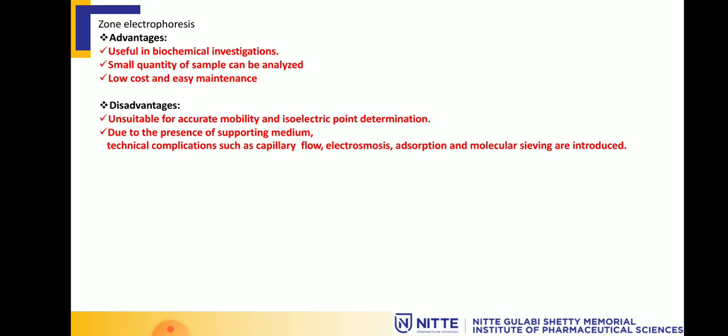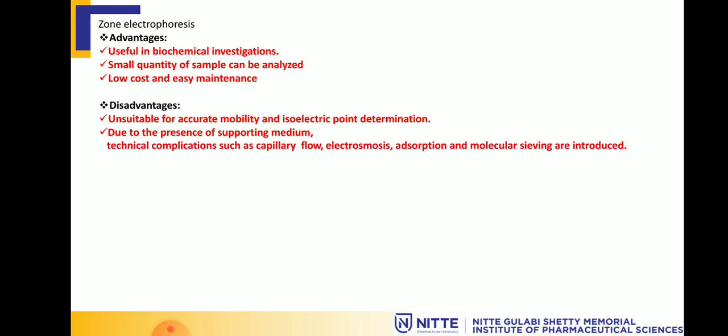In paper, it is generally carboxylic acid. If it is made up of glass, it is silanol. In an agarose medium, it is sulfate. All these are negatively charged groups, so you can call them anions. These anions will hinder the mobility of the charged particles.